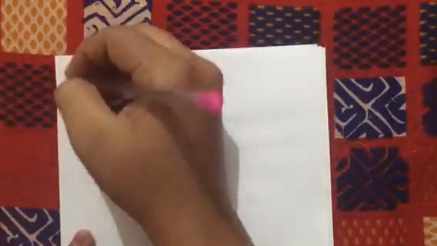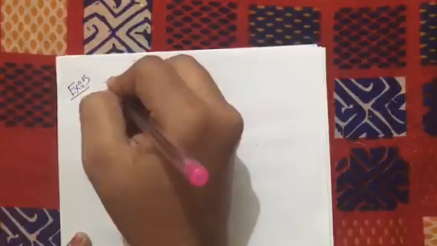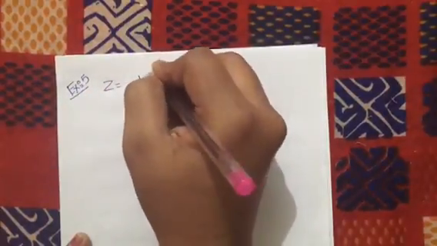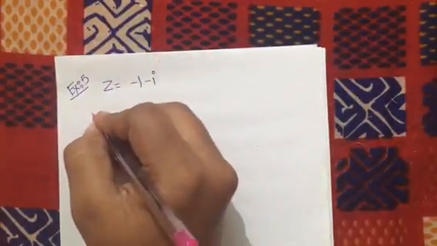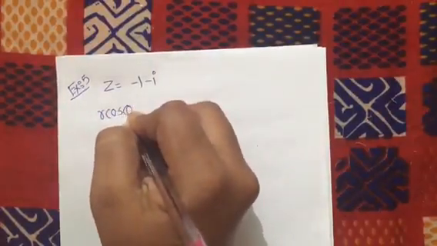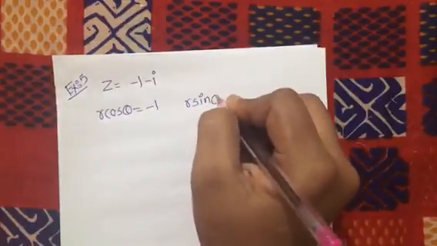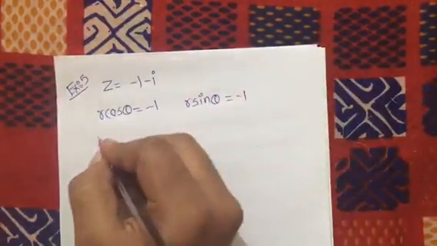Convert the given complex number in polar form, that is minus 1 minus i. Z is equal to minus 1 minus i. So r cos theta is equal to minus 1 and r sin theta is equal to minus 1.